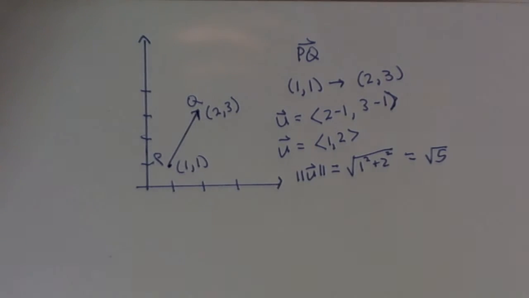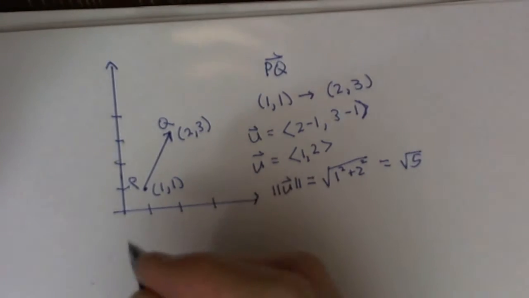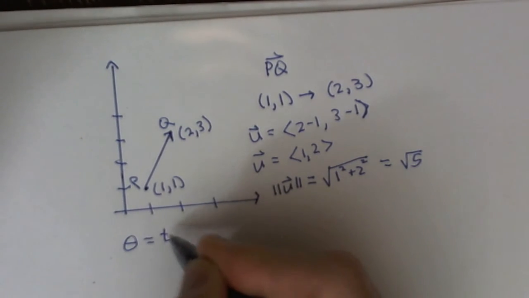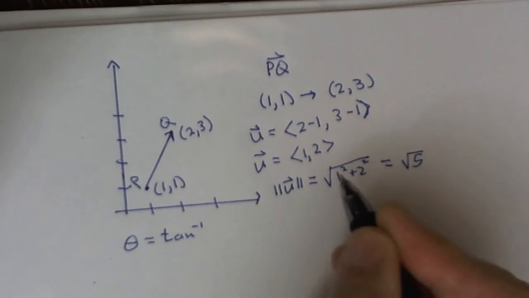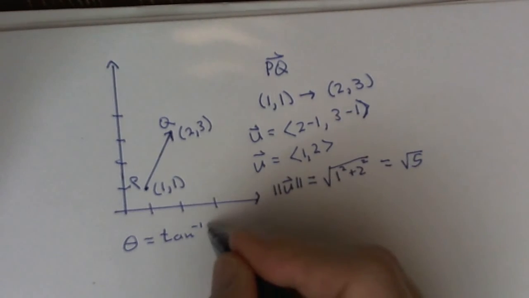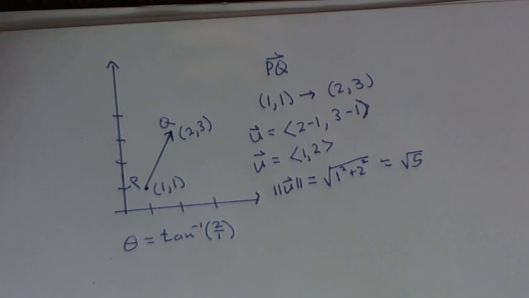Now, what else can we do? Well, we can find the direction angle of the vector. And remember, that's going to be theta is equal to inverse tangent of y over x. Now remember, that's how we find theta if your vector has a terminal point in quadrant 1 or 4.